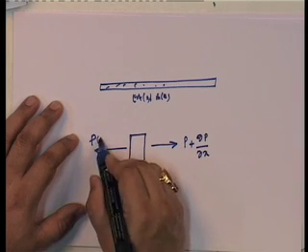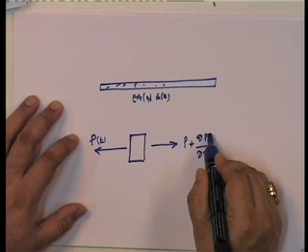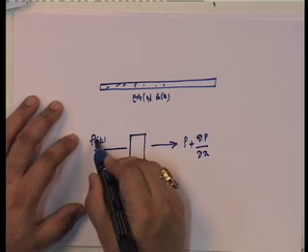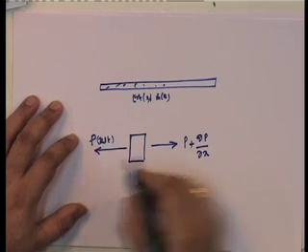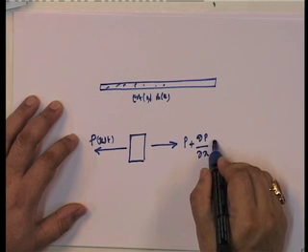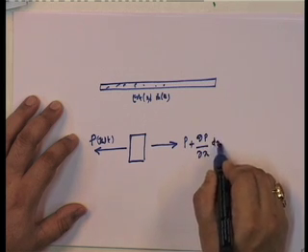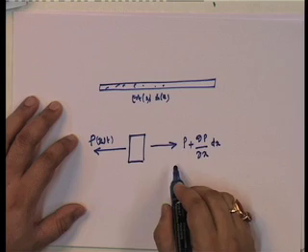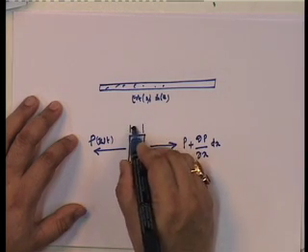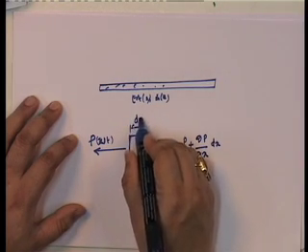Why? Because P is a function of x and time. And this is an elemental dx.